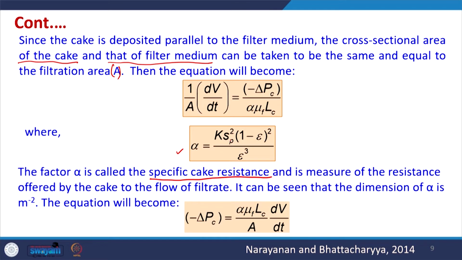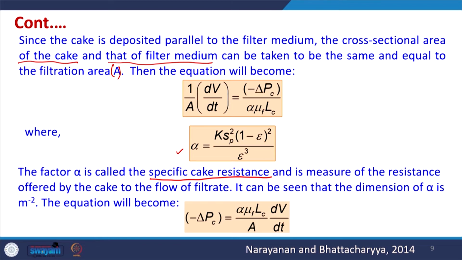This alpha term has been defined and everything else remains the same, and alpha is k sp square 1 minus epsilon square divided by epsilon cube. It is the measure of the resistance offered by the cake with respect to the flow of the filtrate. It can be seen that the dimensions of alpha are per meter square. If we actually solve it, we will find that it is per meter square.